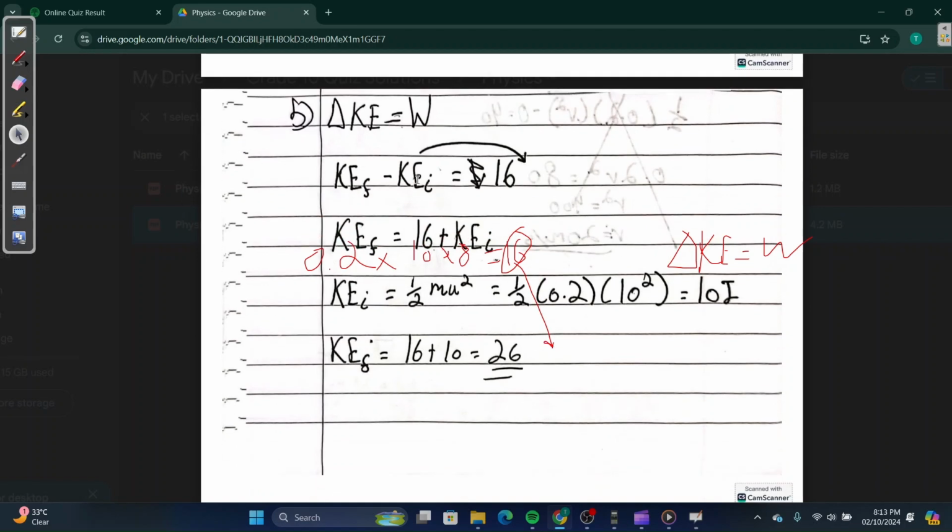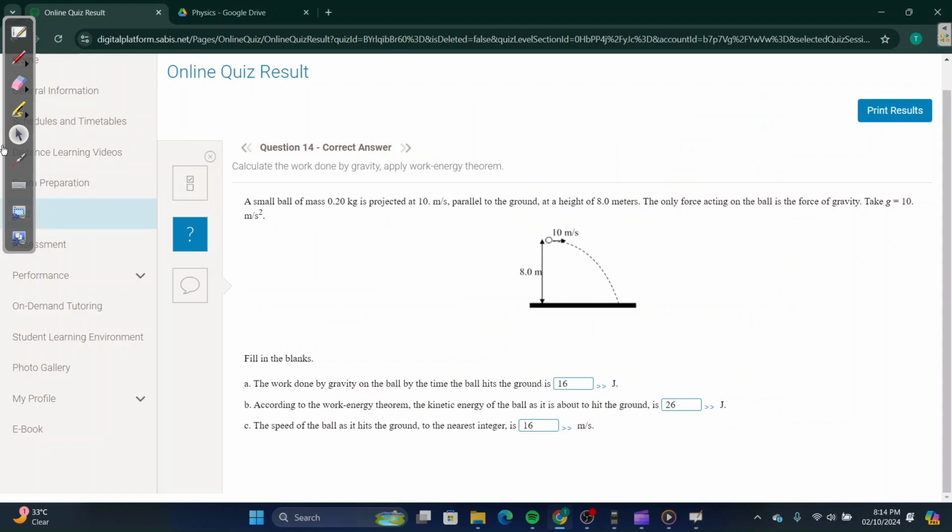Ignore this, I took it from the start, I don't know why. So delta EK, so KEF minus KEI, equals 16.